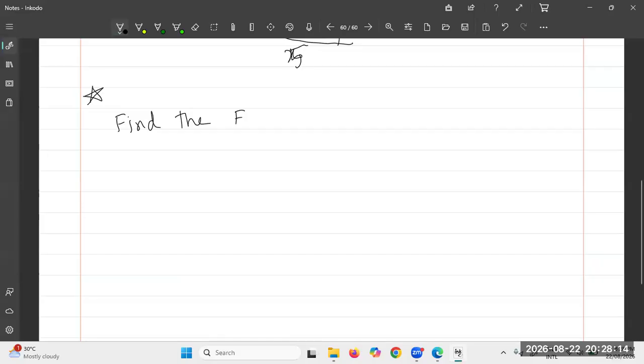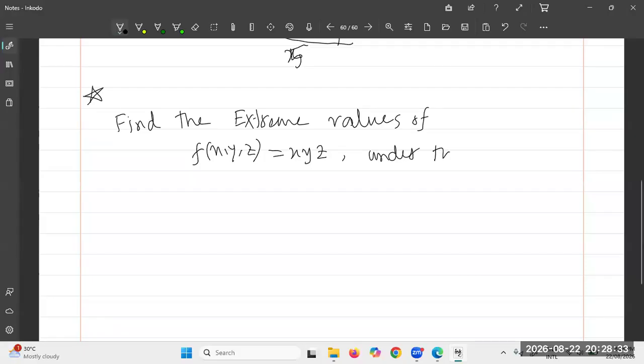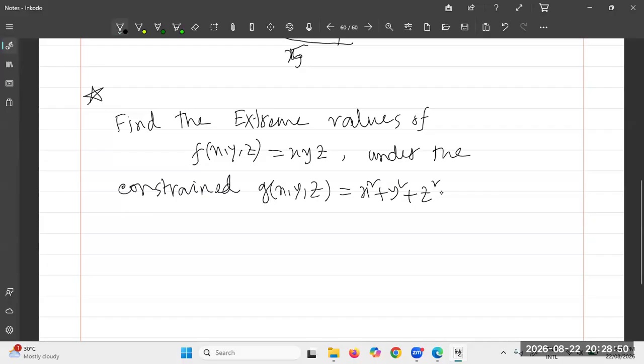Find the extreme values of the function f of x comma y comma z is equal to x times y times z under the constraint g of x comma y comma z is equal to x square plus y square plus z square minus 25 equal to 0.